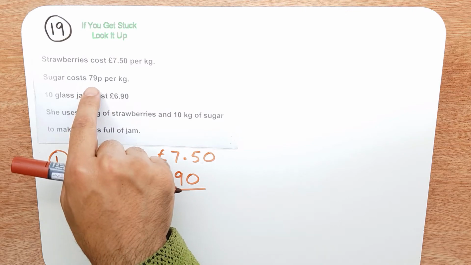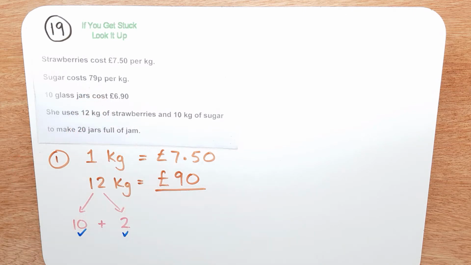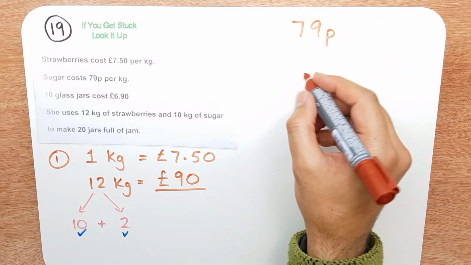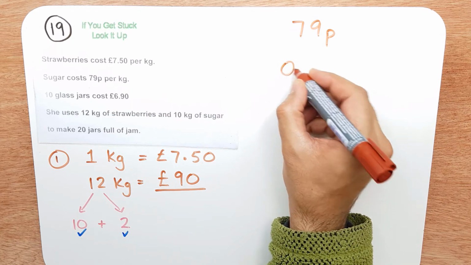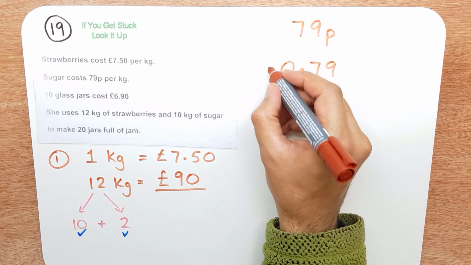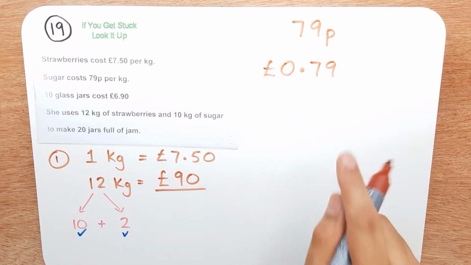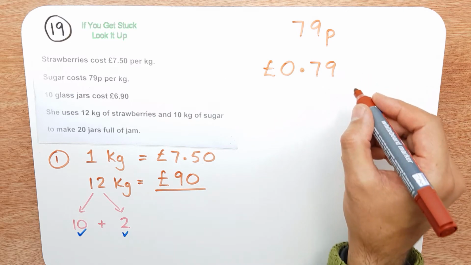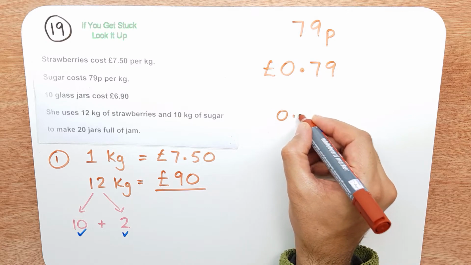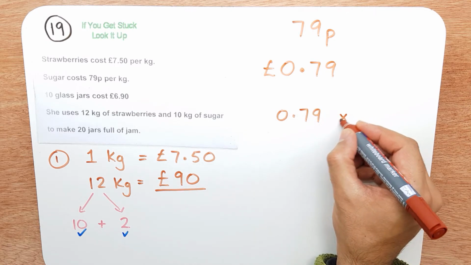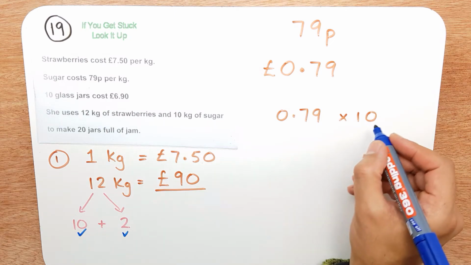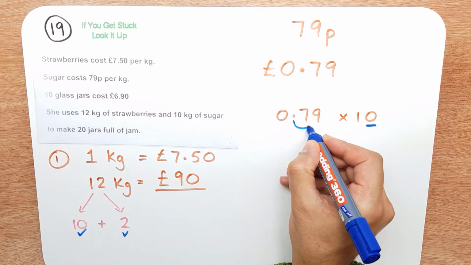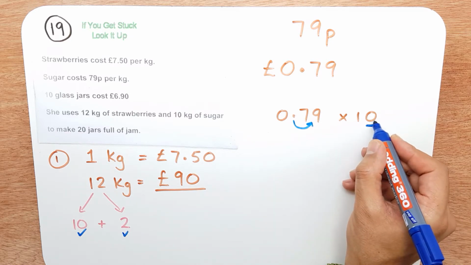Now the second part is 10 kilograms of sugar is used. And each kilogram of sugar costs 79 pence. So 79 pence we know can be written as 0.79 pounds. And we need to multiply that by 10 because there's 10 kilograms. So our calculation is 0.79 times 10. And what did we say when we multiply by 10? We move the decimal point to the right one place. Why? Because there's only 1 0.